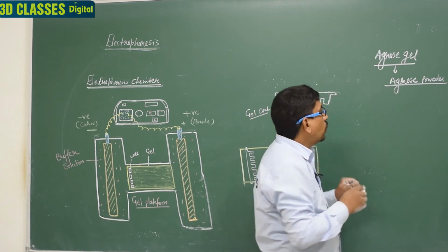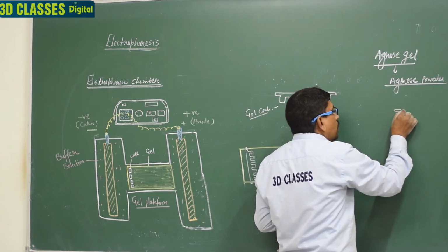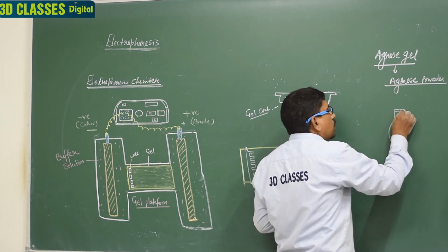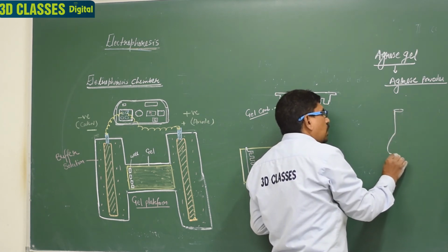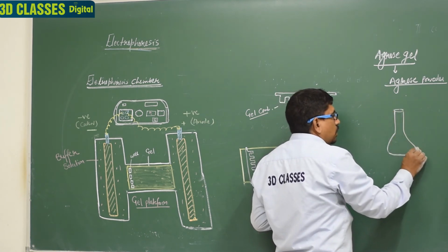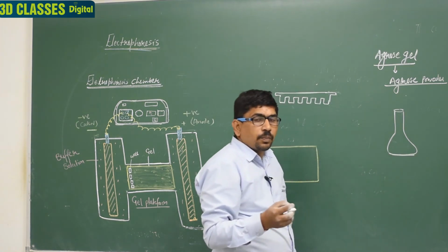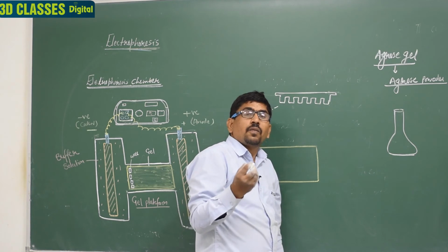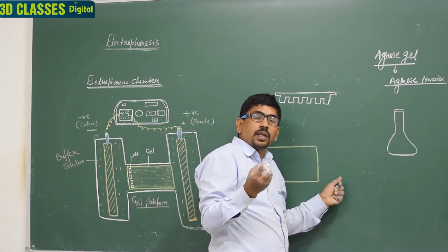Clear? So generally the agarose powder is taken in a conical flask, and we utilize this agarose gel on the basis of the DNA. On the basis of the DNA size, fragment size, we require a certain amount of the agarose.